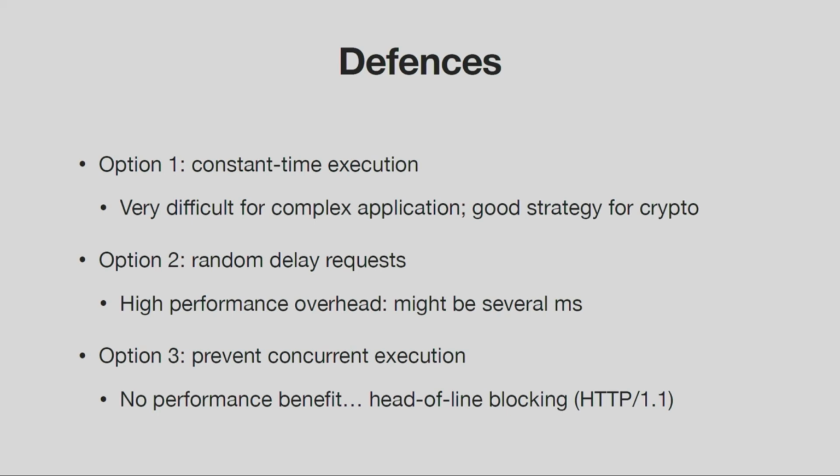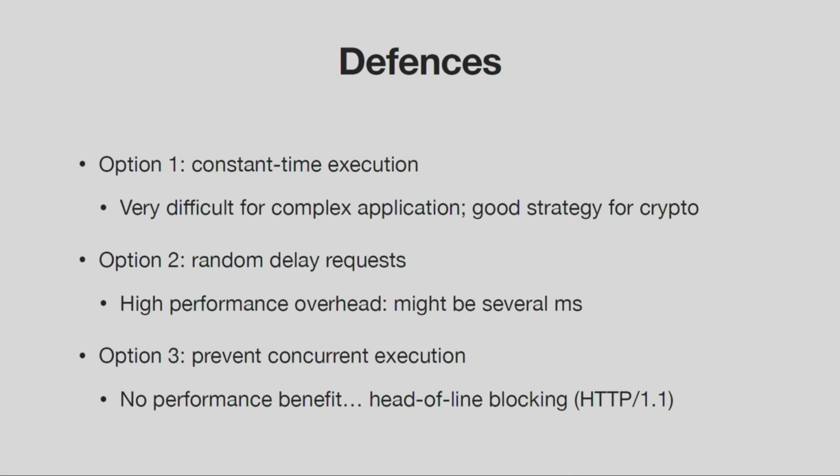Then a third option would be to disable the concurrent execution, so that you don't have any parallelism anymore. But unfortunately, it will also have a very big impact on the performance of your application. The main difference between HTTP1 and HTTP2 is that in HTTP1 you have head of line blocking, which means that if you send one request and then another one, the second one can only start to be executed as soon as the first one has finished execution.